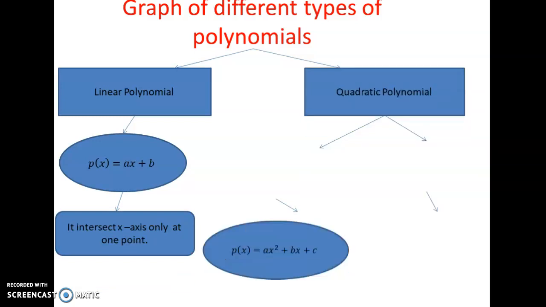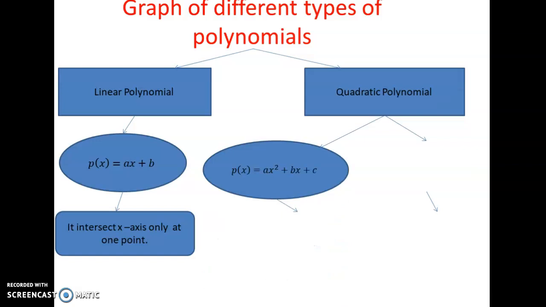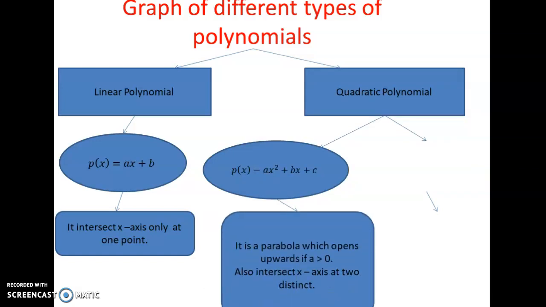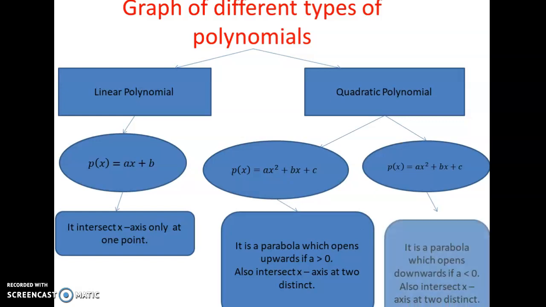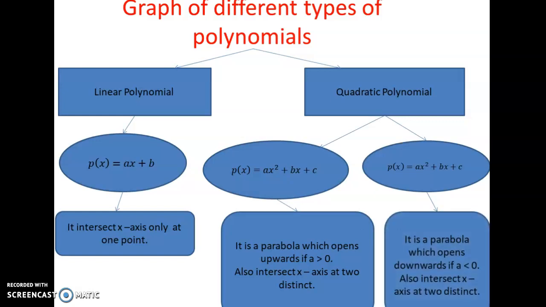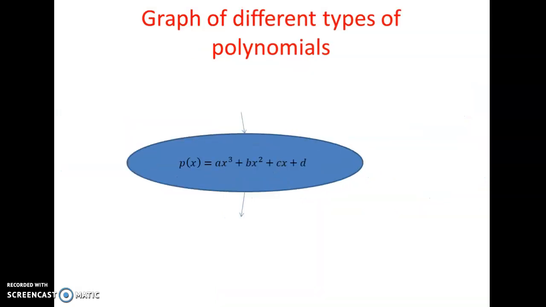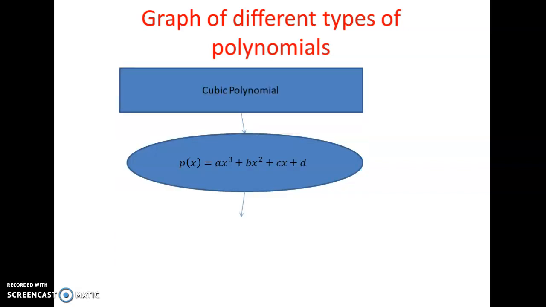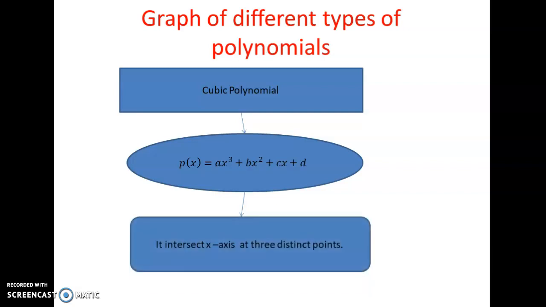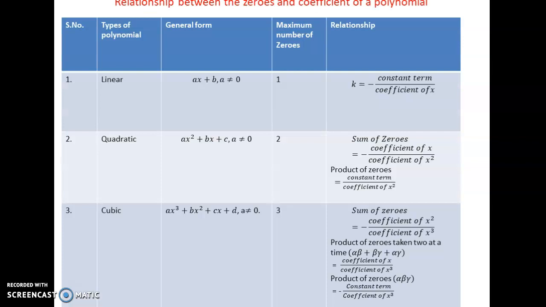A quadratic polynomial has the general form ax square plus bx plus c, and it represents a parabola which is upward if the numerical coefficient of x square is positive and intersects the x-axis at two distinct points, and if it is a parabola which is downward, then the numerical coefficient of x square is negative and it intersects the x-axis at two distinct points. Similarly, a cubic polynomial has the general form ax cube plus bx square plus cx plus d. So it intersects the x-axis at how many points? Yes, 3 points.